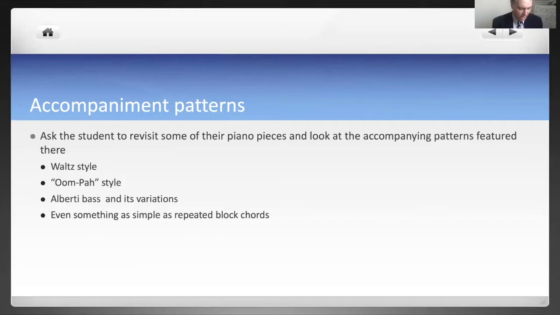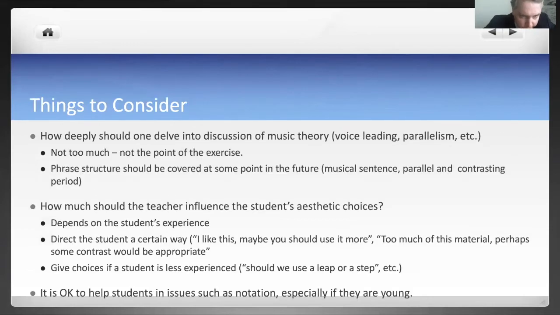Right, and then we can have any type of similar variation of the Alberti bass, like this, technically not Alberti bass, but we can have just a chord that we roll up. Even something as simple as repeated block chords, like we have in the Bagatelle by Diabelli. Anything to get the students started, and then after that, it can become more complex.